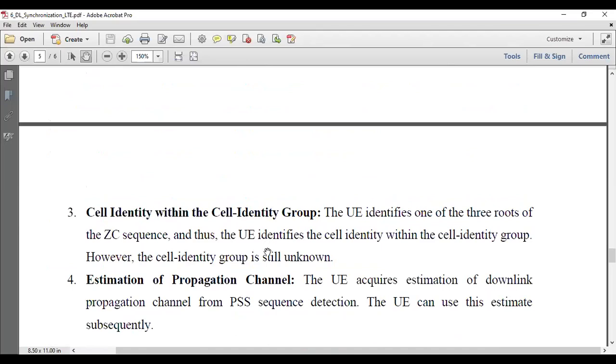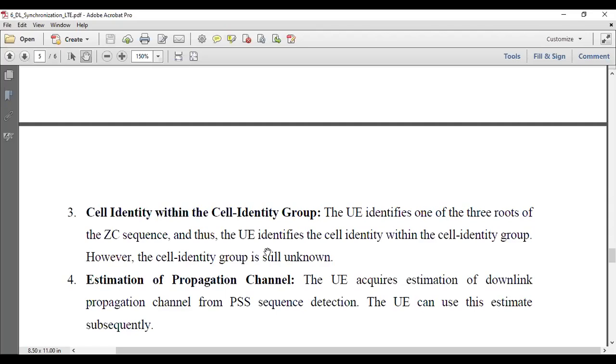The fourth one is that you can estimate the propagation channel, because you have detected the PSS sequence with the correlation peak. You know what the expected transmission is for PSS. The expected sequence is known, and you have found it.